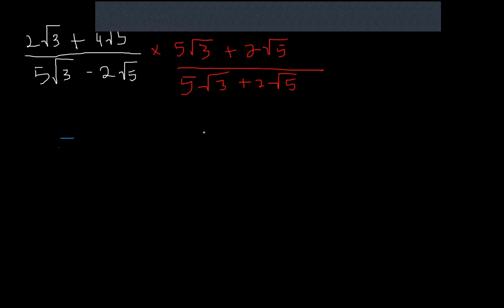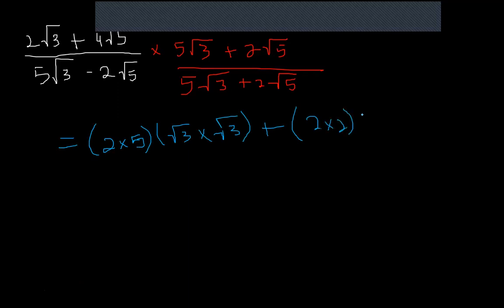So we said when we expand this, we'll get 2 times 5, 2 times 5 times root 3 plus, it was 2 times 2 root 3 times root 5. That's what we were doing before I was explaining that other thing just now.